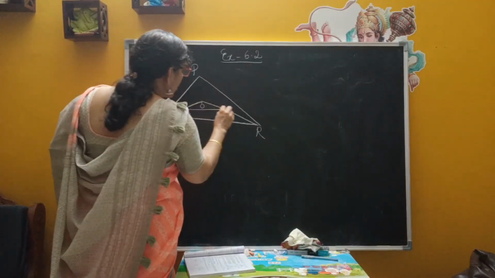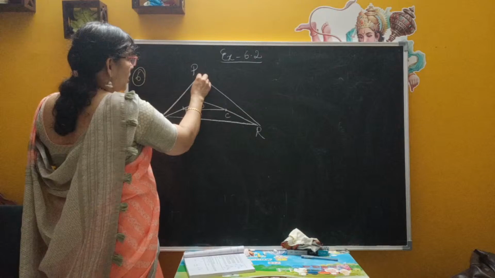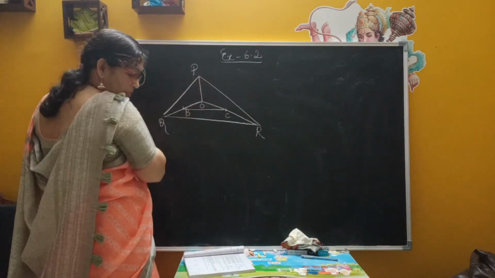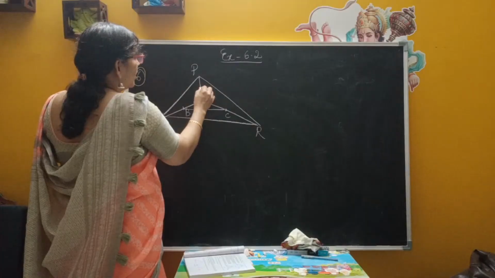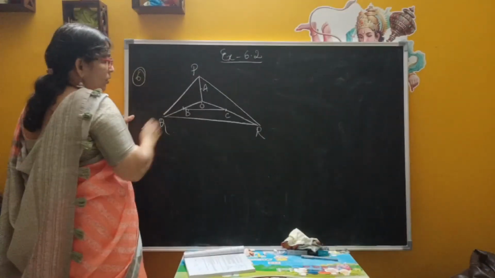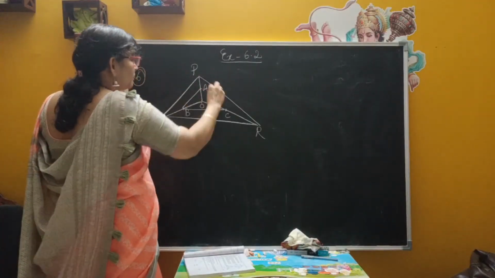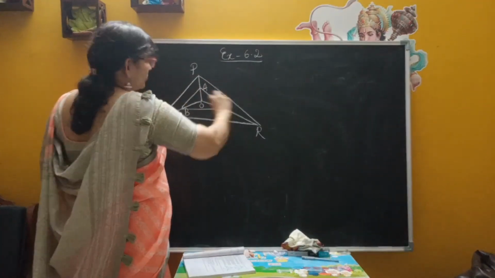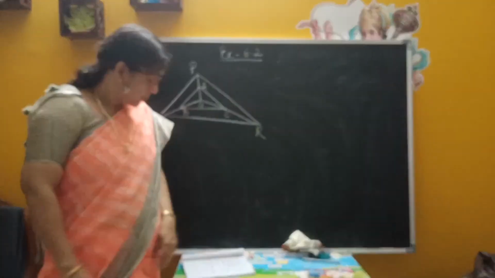Let us join OC, and one more, join PO also, and point A is on the line PO. So ABC are joined to get a triangle ABC. So this is the figure.